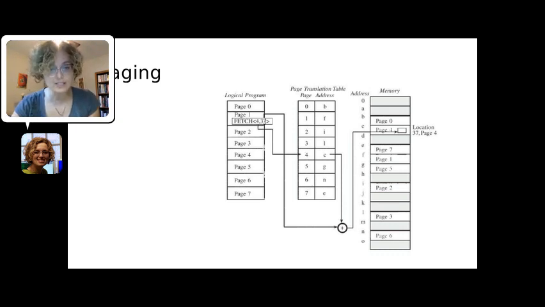Paging is very similar to segmentation. There's a page and an offset, as you can see over here, where we have the operating system managing a page translation table. We're asking for page 4, where the page translation table tells us that it is located in memory C, and we're asking for the 37th location or word or something along those lines.